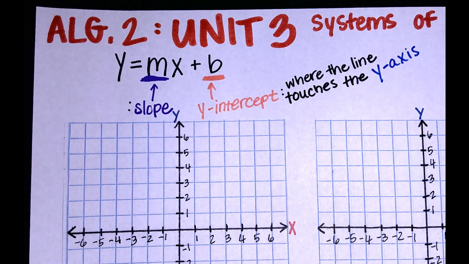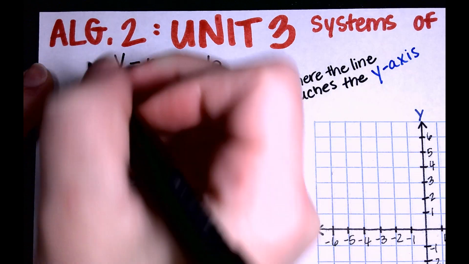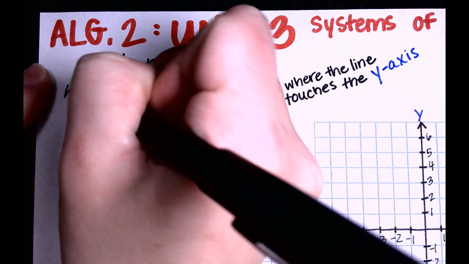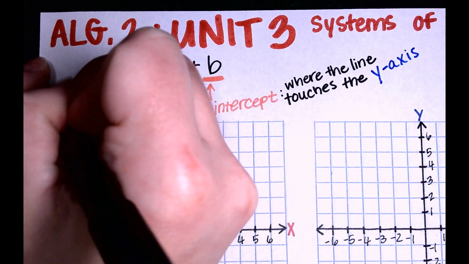If it's a small number, like a fraction, it will be less steep. It might be more of a gradual decline or incline. So I'm going to say for slope, how steep the line is.